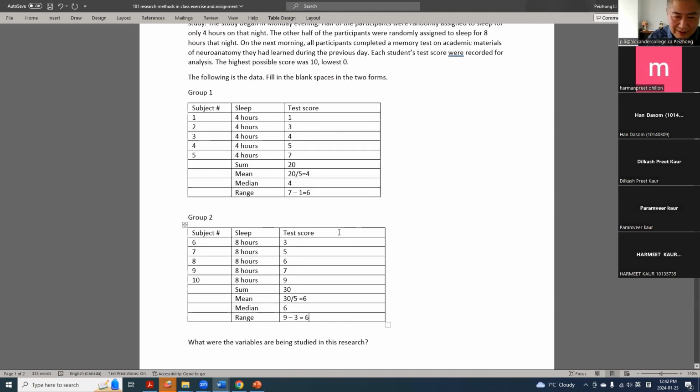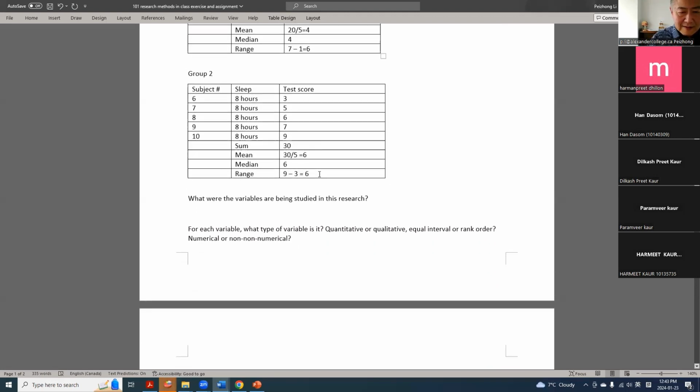So is my prediction being supported? Does the data look good? I was predicting that the 8-hour group would do better. On average, the 8-hour group remembered 6 words. On the other hand, the group that slept for 4 hours remembered only 4 words. And that's what I was predicting.